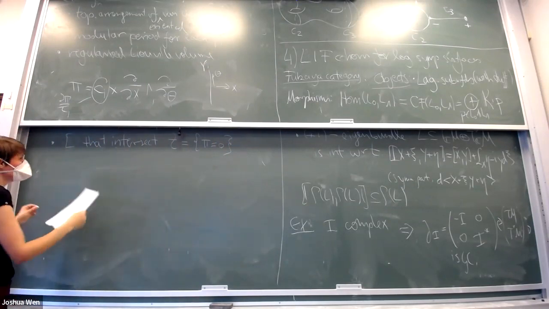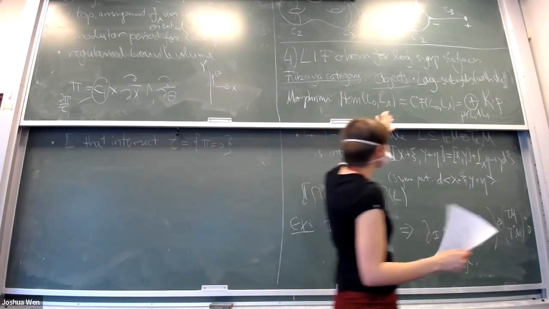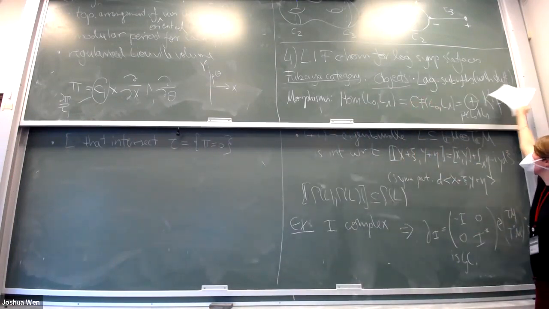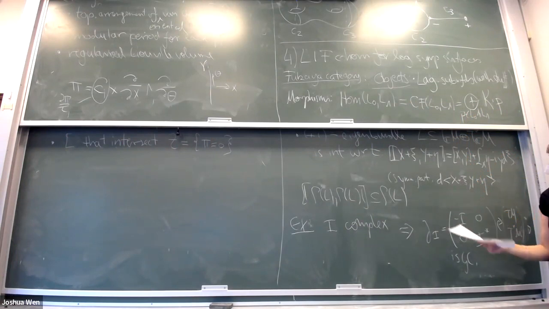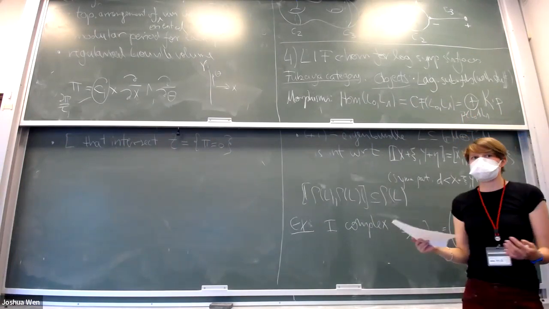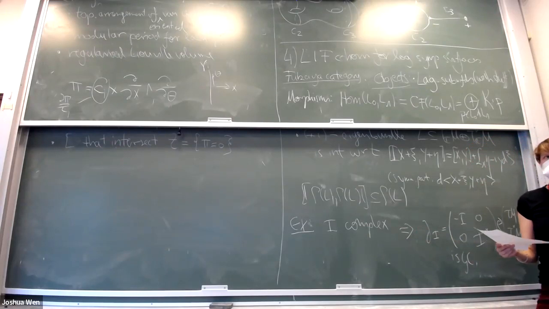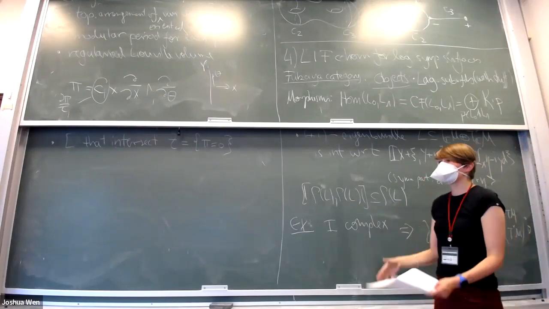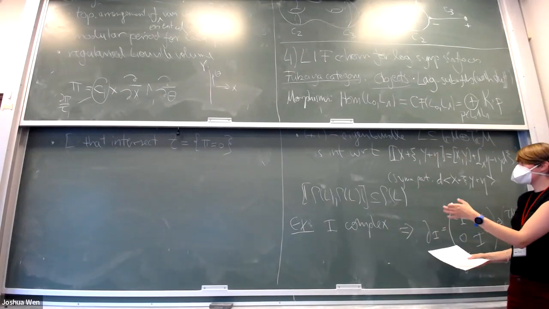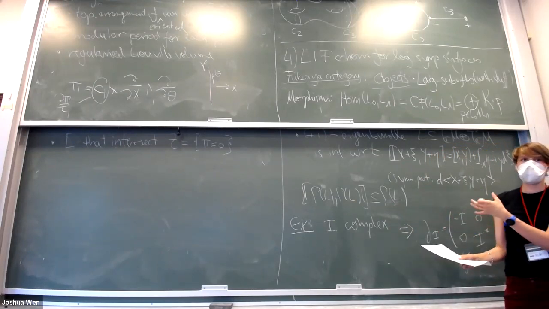What I didn't say here is that when we choose the objects, really the objects are equivalence classes of Lagrangians up to Hamiltonian isotopy. So we should consider 2 Lagrangians the same if they can be related by Hamiltonian isotopy. That immediately solves the problem when 2 Lagrangians don't intersect transversely, because we can perturb one of them with a Hamiltonian isotopy so that they do. In particular, this allows us to define the Floer complex for a Lagrangian with itself.